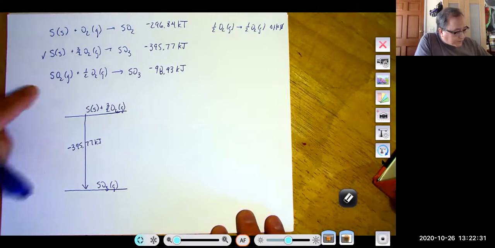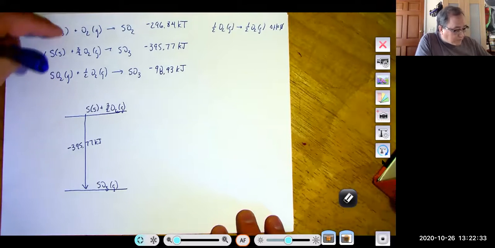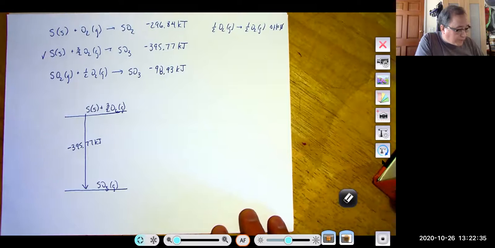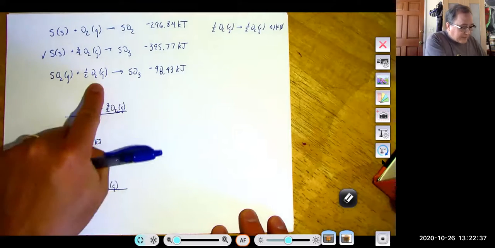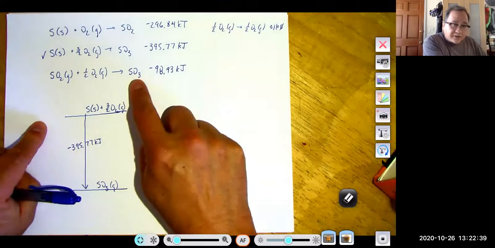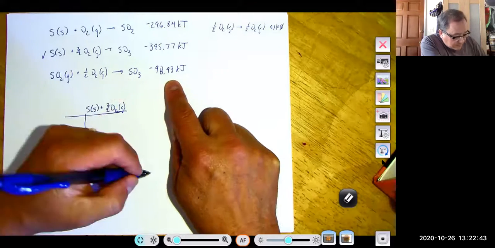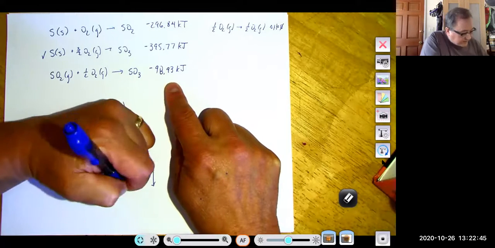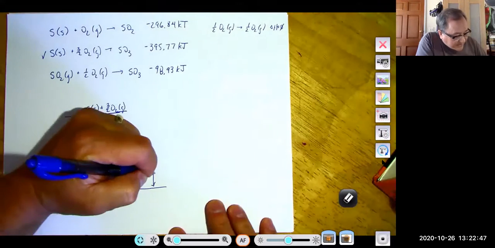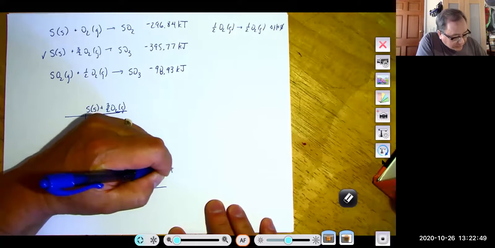Now I want to incorporate this one or this one. It doesn't matter which. I'm going to incorporate this one, and can you see that I'm going to end up with SO3? So I need an arrow going down, and this arrow has to be minus 98.93 kilojoules.